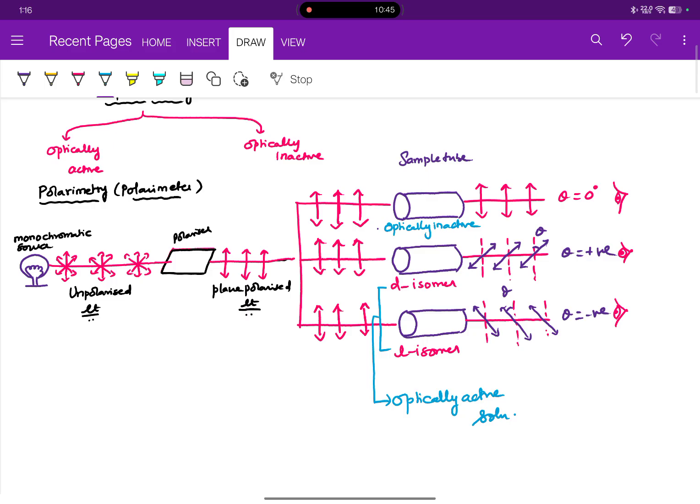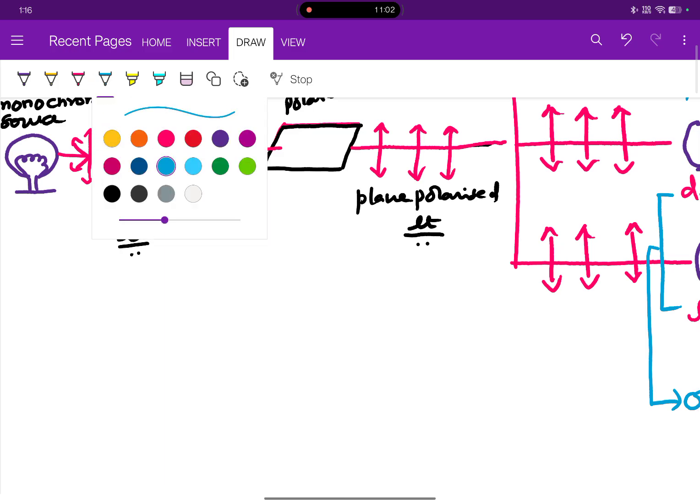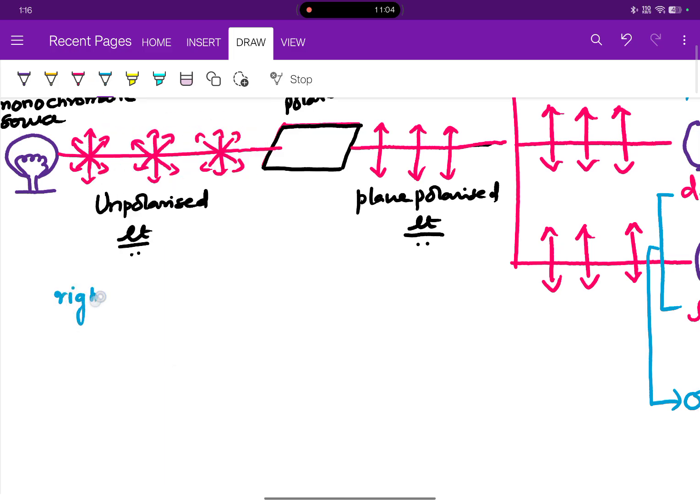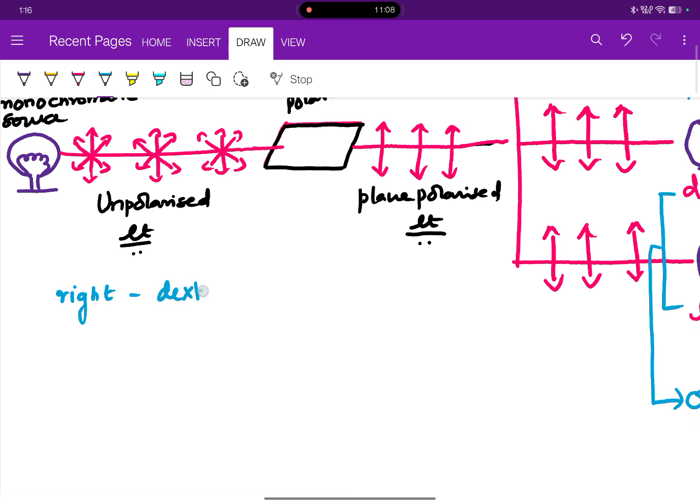So what is the condition for an optically active compound by the instrumentation method? You should rotate the plane polarized light either to the right hand side or the left hand side. If it rotates towards the right hand side, it is called dextro rotatory.